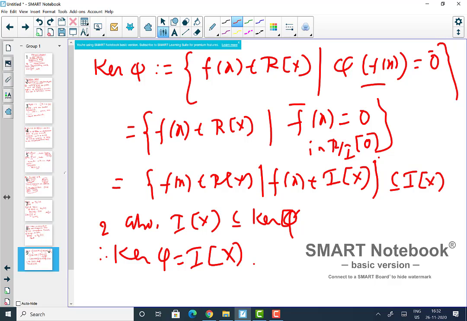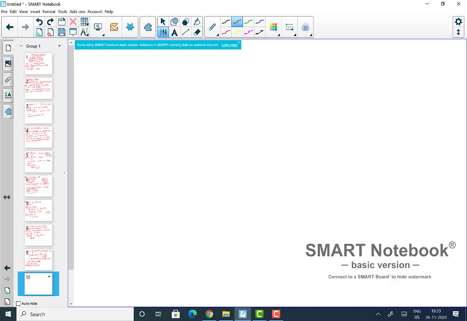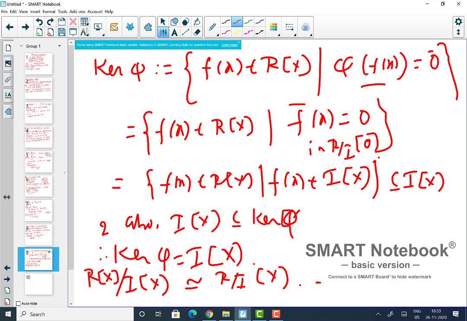So R[x] mod I[x] is actually isomorphic to (R mod I)[x]. These are natural things, and one can also ask about polynomial rings, which so far are all in one variable. You can also define polynomial rings of multiple variables. So this ends the proof.